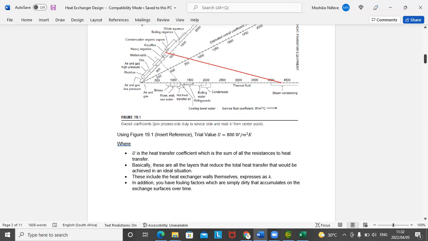And this includes the heat exchanger walls themselves, and it expresses K. So if the material you're using will have a conductivity, that is how much heat transfer to allow through. You will also have fouling factors. This is if you look at inside a kettle, when you're boiling water, you see it will start accumulating a layer of flaky material. That's the same kind of material that we're talking about when we talk about fouling.